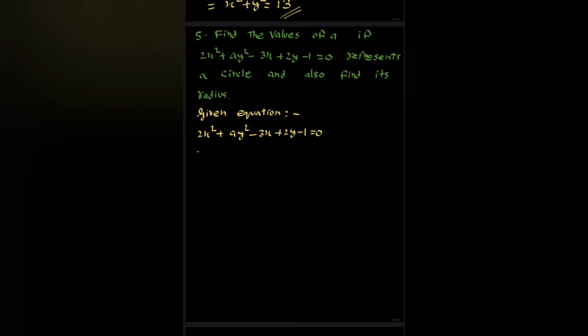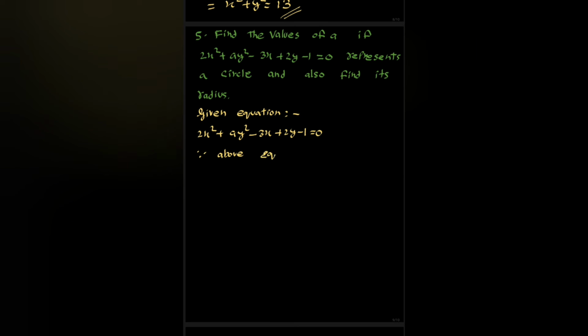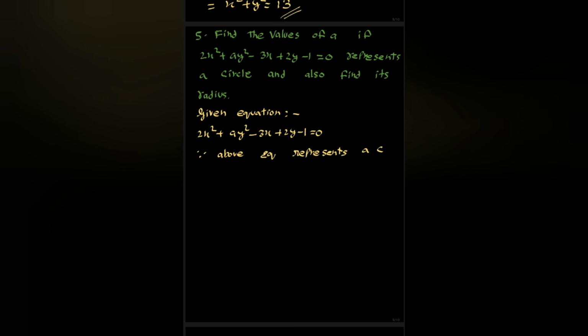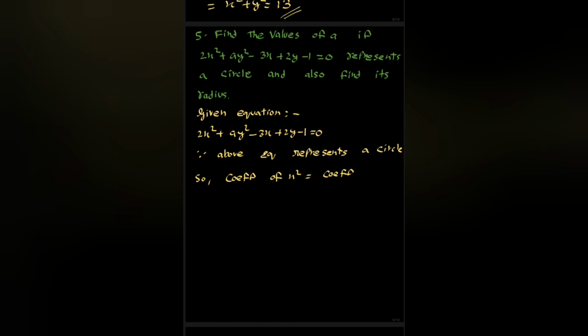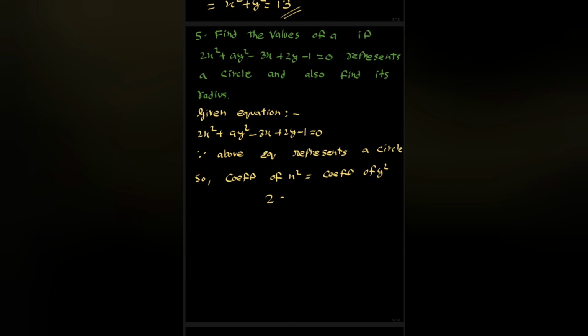So since the above equation represents a circle, coefficient of x square is equal to coefficient of y square. So what is the x square coefficient? That is 2, and y square is equal to a. So therefore a is equal to 2.